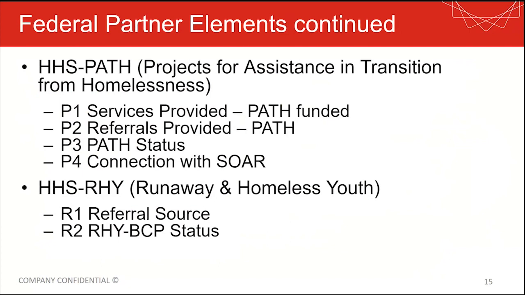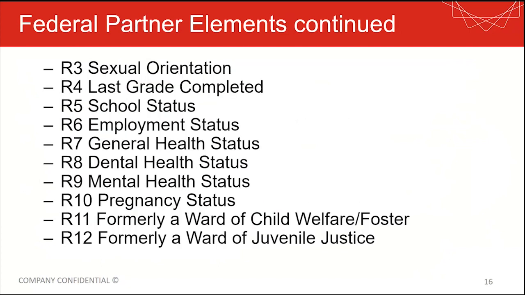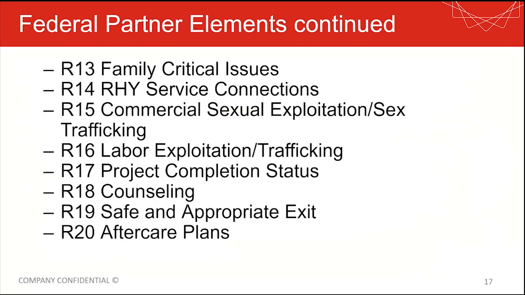Also, there is HHS RHY, which is the Runaway and Homeless Youth questions, and those include referral source, RHY BCP status, sexual orientation, last grade completed, school status, employment status, general health status, dental health status, mental health status, pregnancy status, formerly a ward of child welfare foster care, formerly a ward of juvenile justice, family critical issues, RHY service connections, commercial sexual exploitation, sex trafficking, labor exploitation trafficking, project completion status, counseling, safe and appropriate exit, as well as aftercare plans.